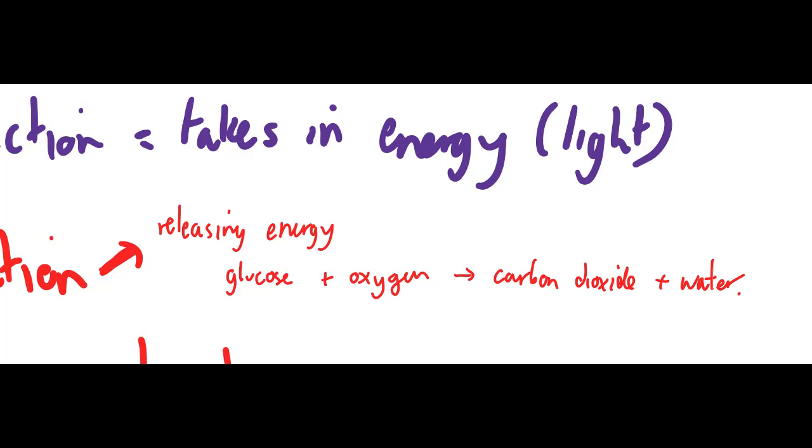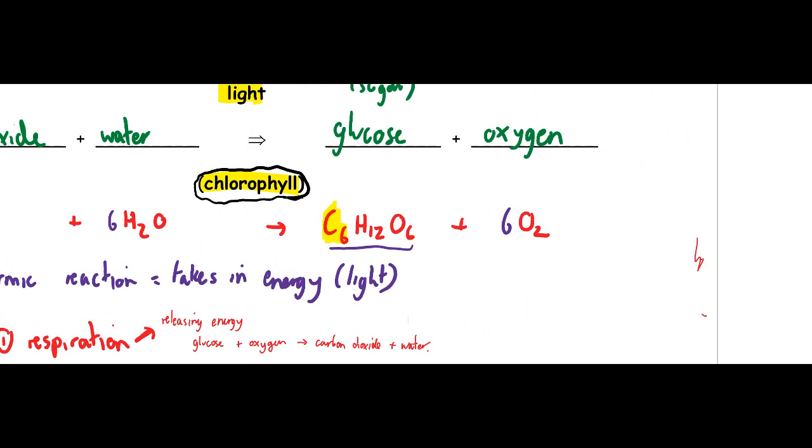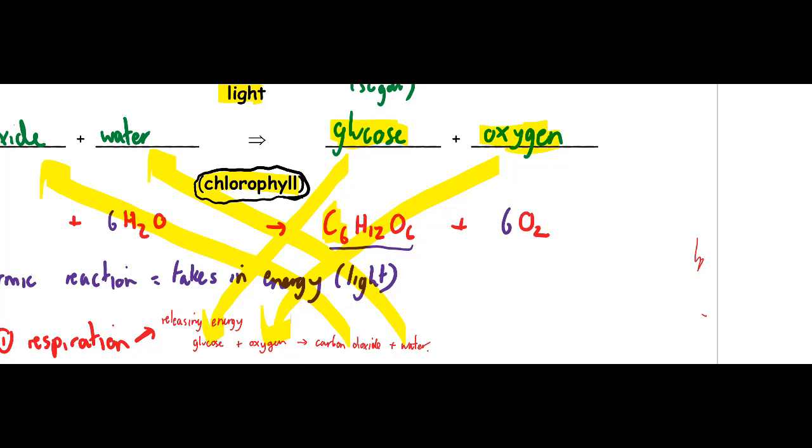Now, that's interesting because what you'll notice here is the products of photosynthesis are actually what gets used in respiration. And likewise, whatever is produced in respiration can get used up in photosynthesis, which is a pretty important point, and we're going to look at that later on.